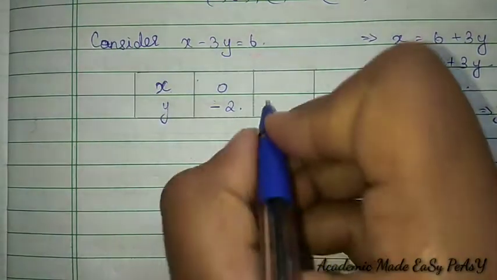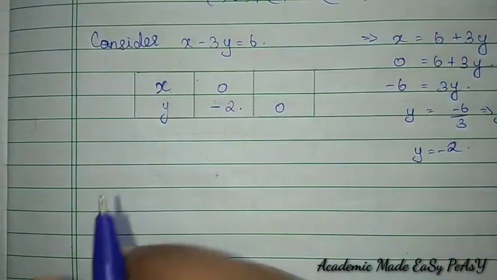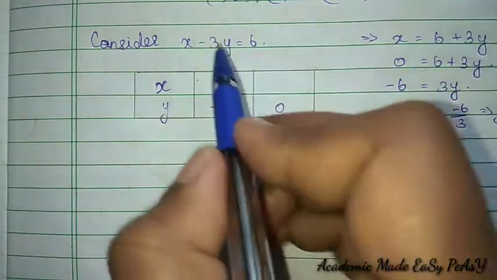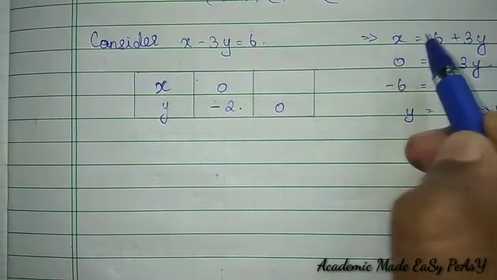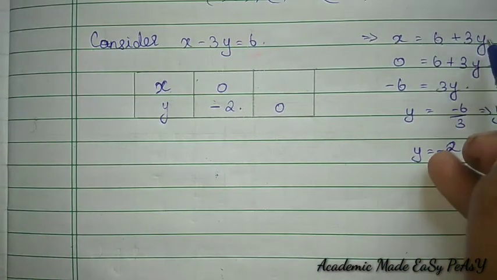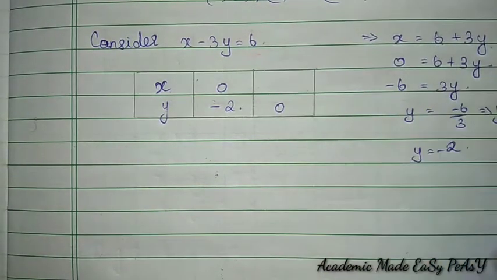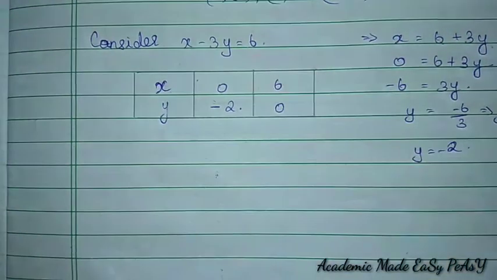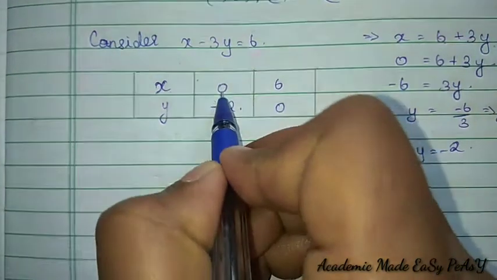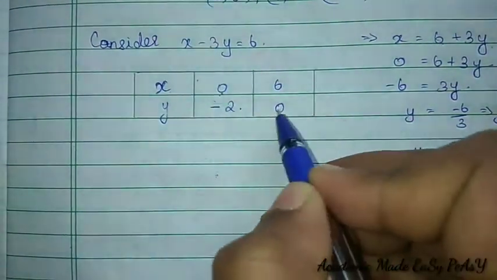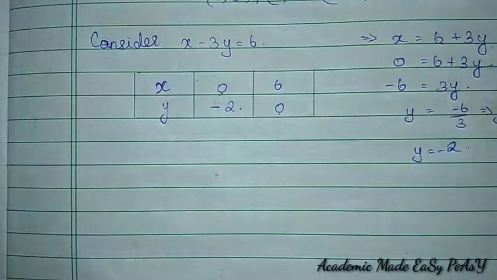If my y is 0, what will I get? x is equal to 6 plus 3 into 0, which is 0, so x is equal to 6. So I can just stop with this, or else you can take any other points.